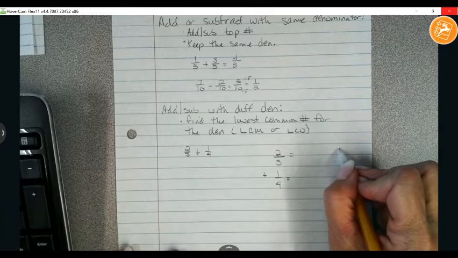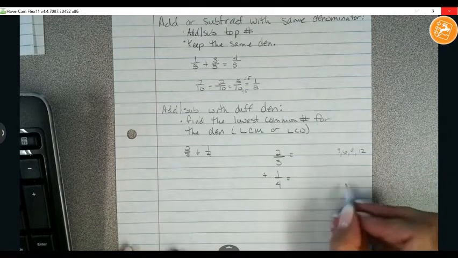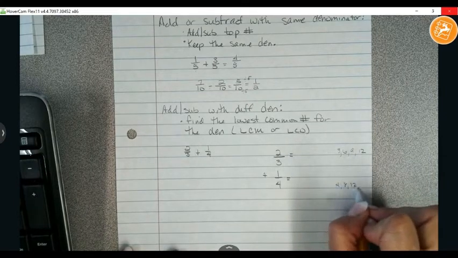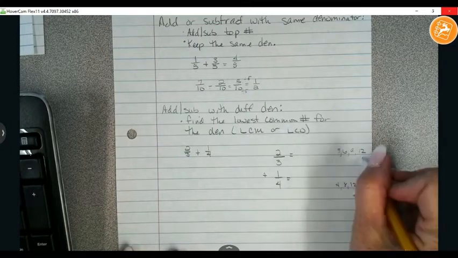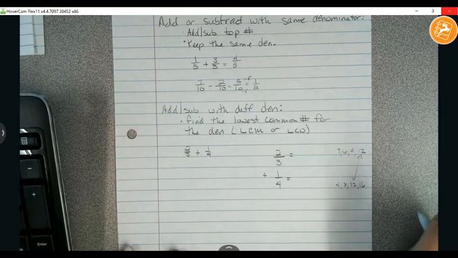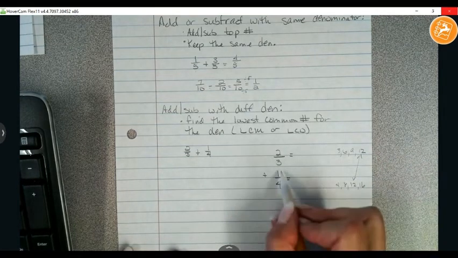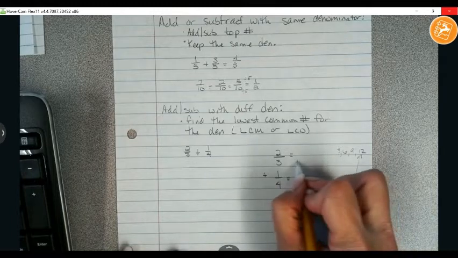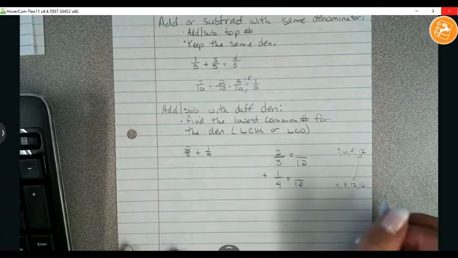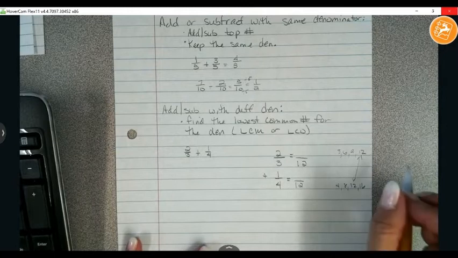The multiples of 3 are 3, 6, 9, 12. And then I'm going to do the same for 4, 4, 8, 12, 16. And you're going to notice that 12 is common on both lists, which means that's our lowest common denominator or multiple for 3 and 4. We will talk about strategies for lowest common denominator and multiple as needed if we need to.